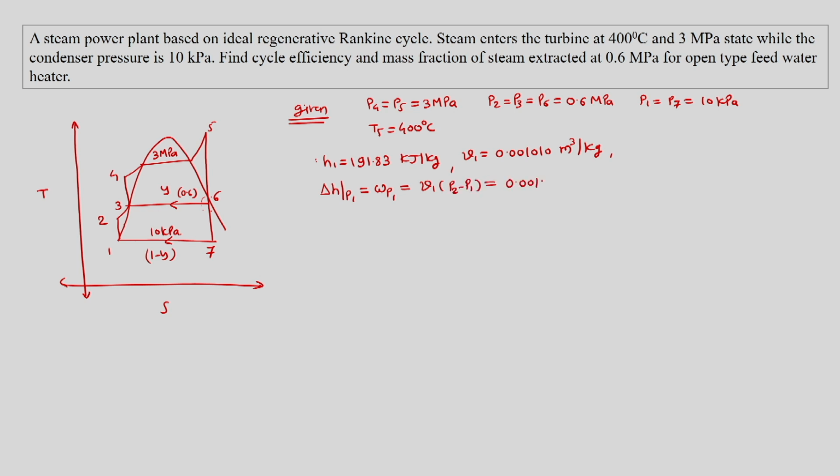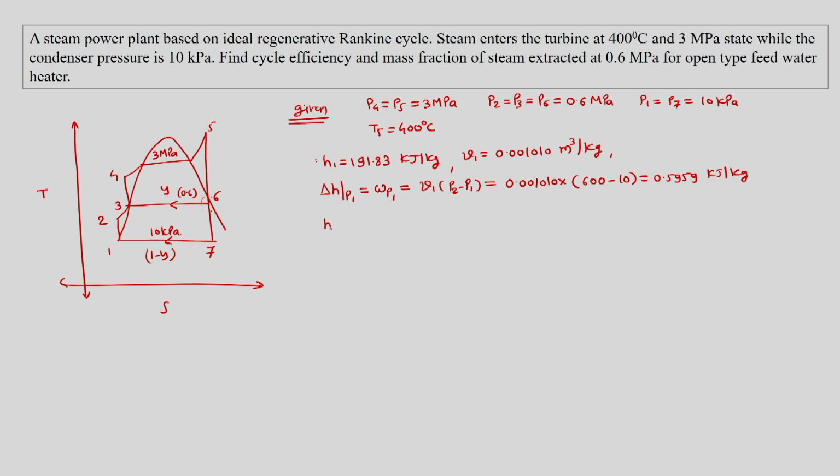So, it is 0.001010 times P2, which is 600 kPa, minus 10 kPa, and this gives us the specific pump work for the first pump, which is 0.5959 kilojoule per kg. So, this is the first pump work.